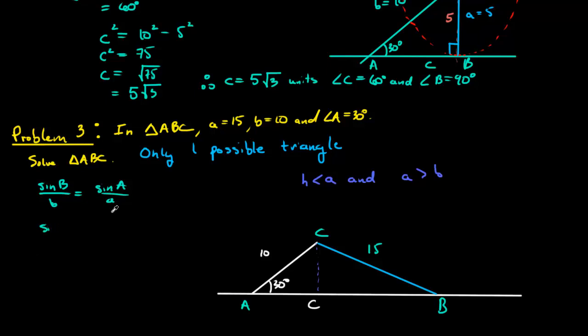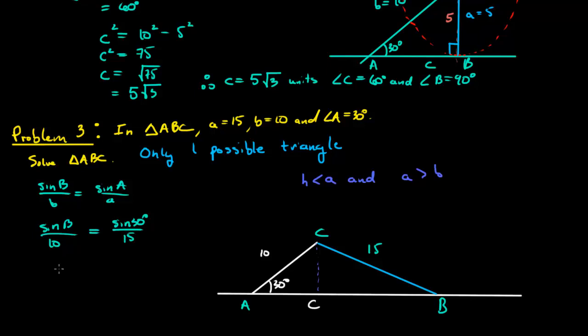So plugging in numbers, I get sine of B over 10 is equal to sine 30 degrees over 15.